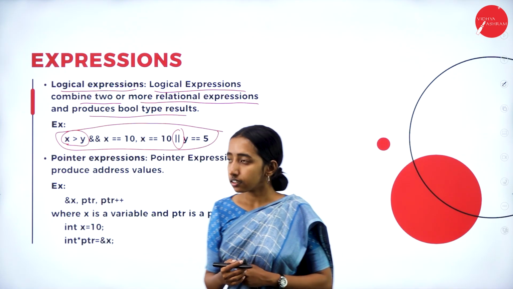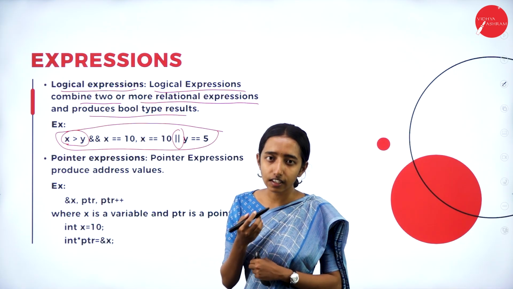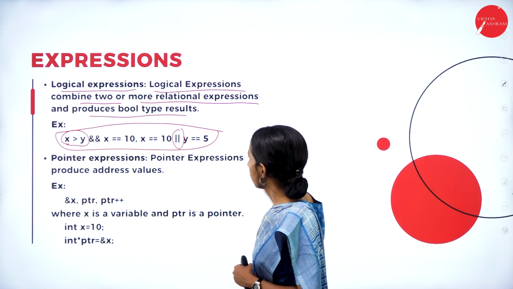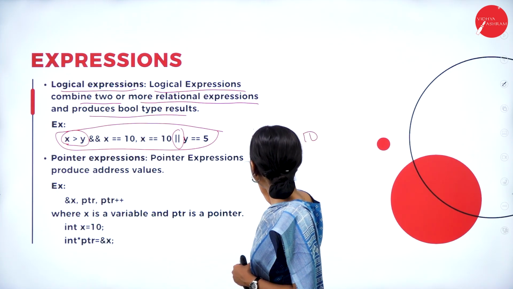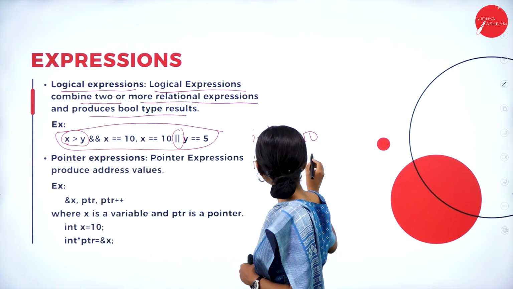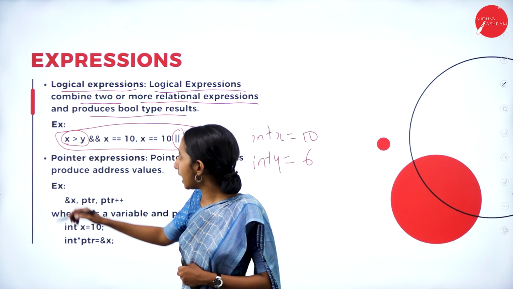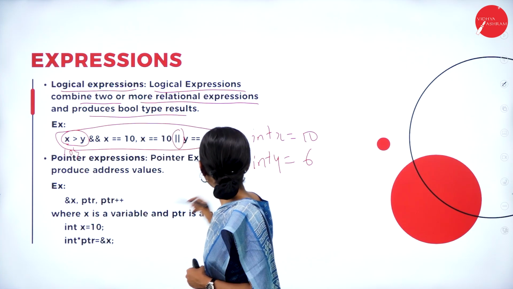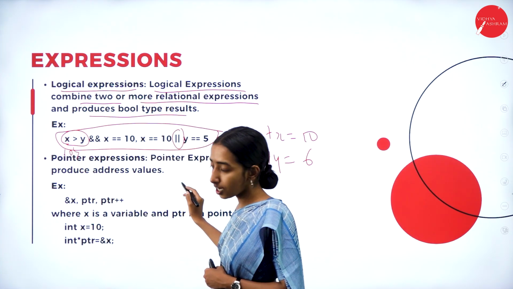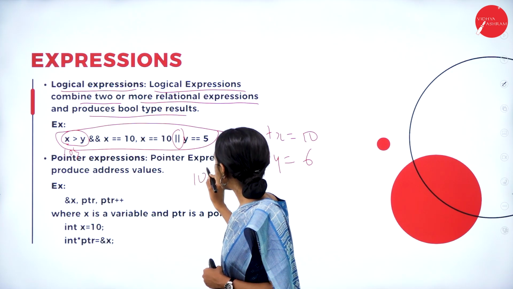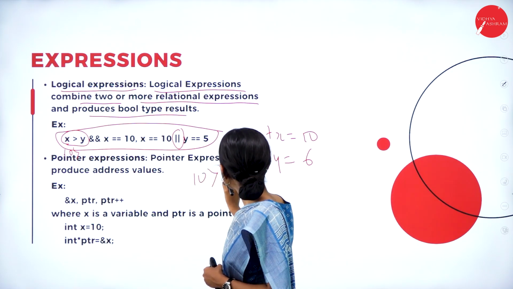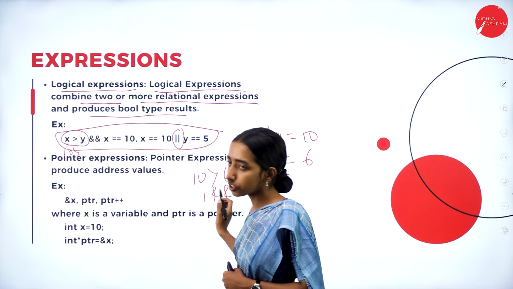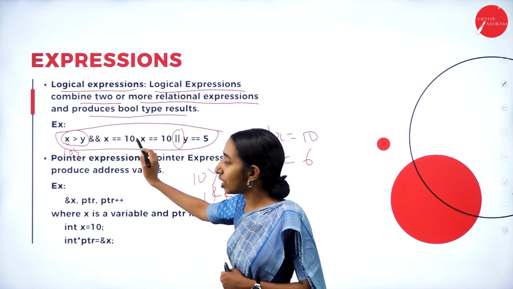So let us take the values: int x is equal to 10, int y equal to 6. Here I have taken the x value 10 greater than the y value 6. It is true, and I am using logical and x equals 10.